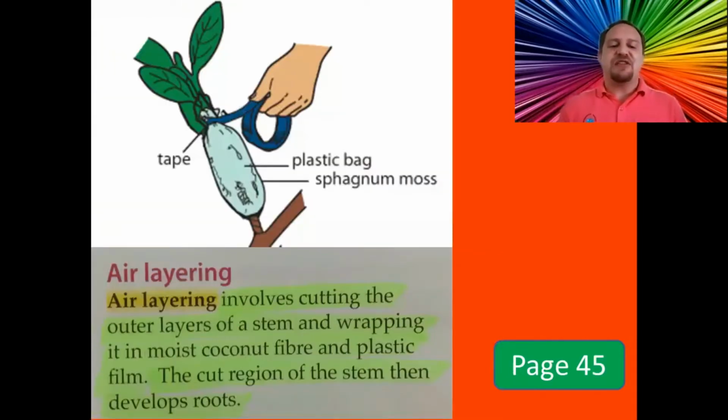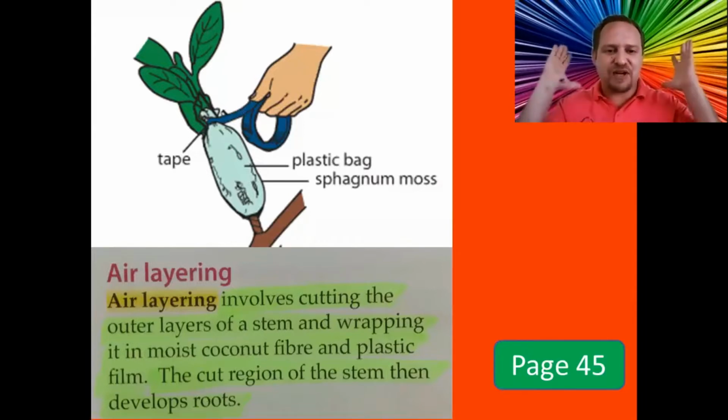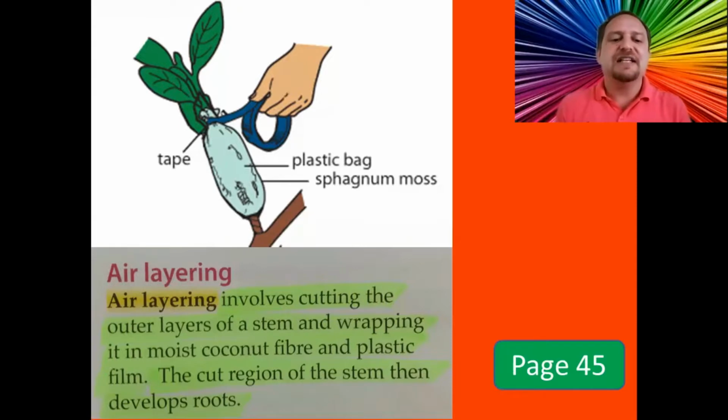The first type of vegetative propagation we will look at is called air layering. This is when people help create a new plant from an old, existing plant. It says air layering involves cutting the outer layers of a stem and wrapping it in moist coconut fiber and plastic film.